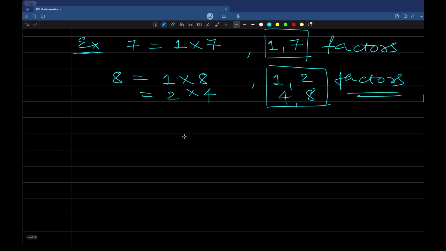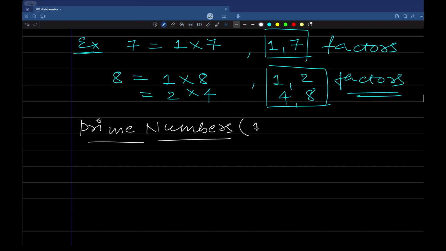So let us discuss the prime numbers between 1 and 100.